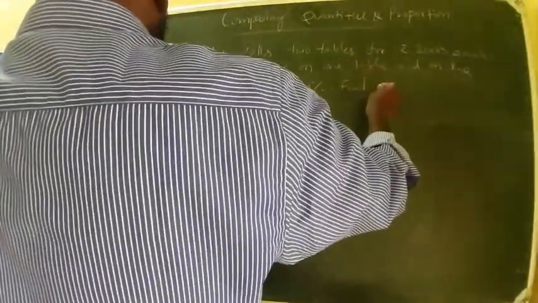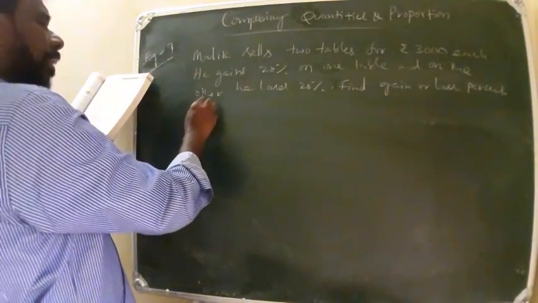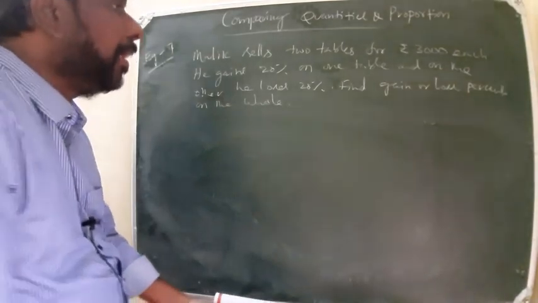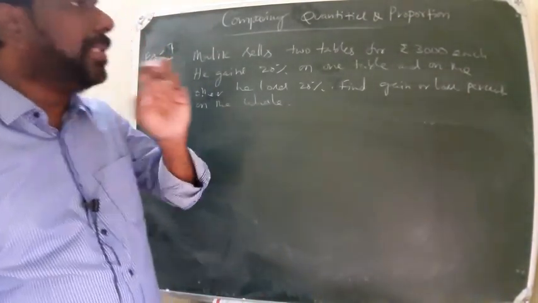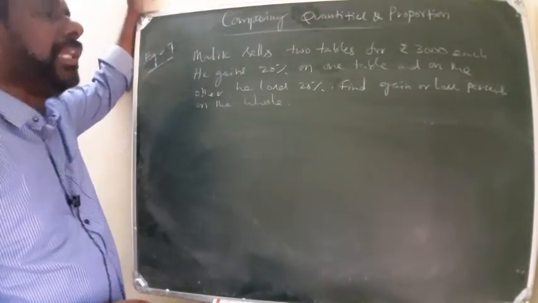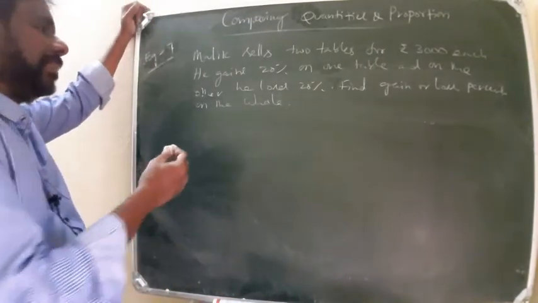Find gain or loss percent on the whole. Okay. So Malik sells 2 tables each for rupees 3000. He gains 20% on one table and on the other he loses 20%.